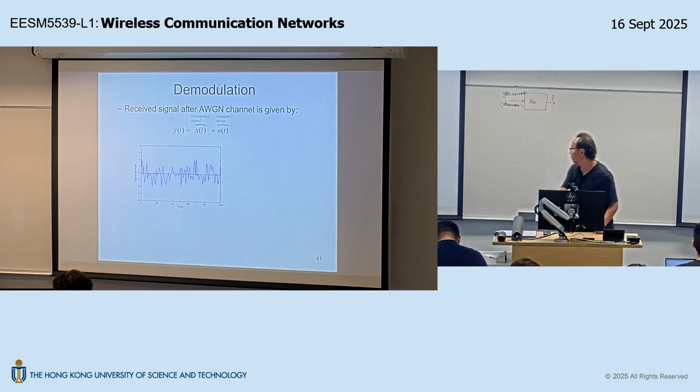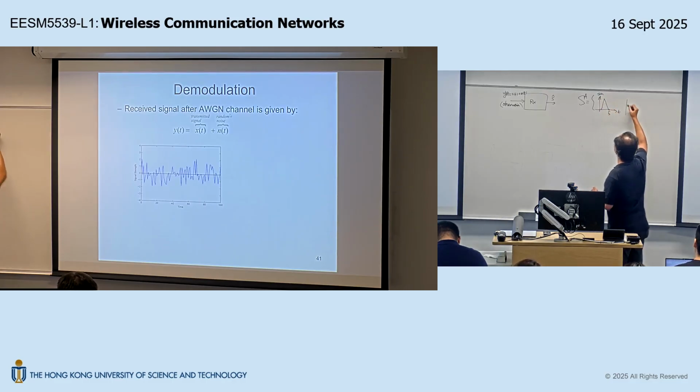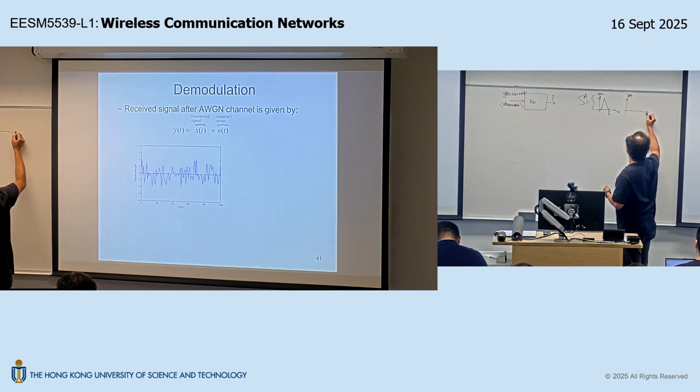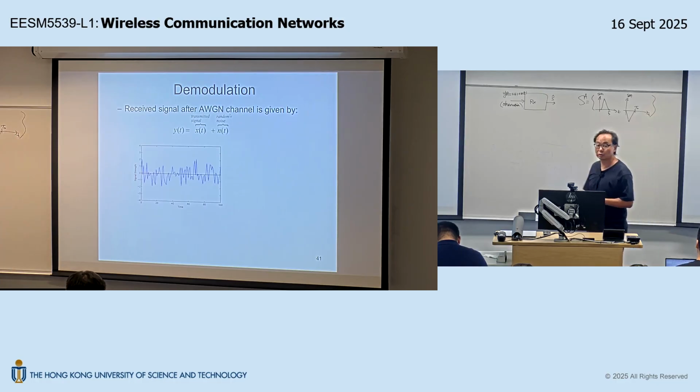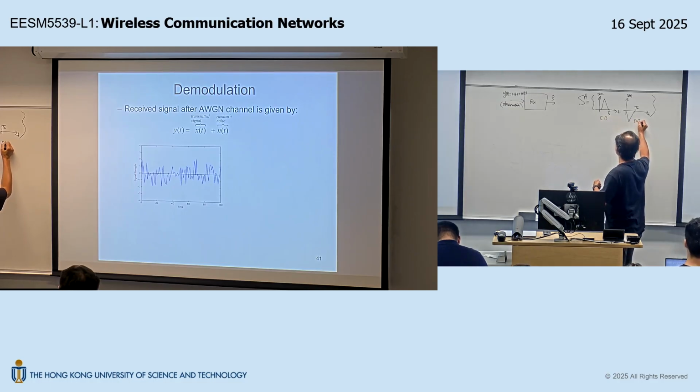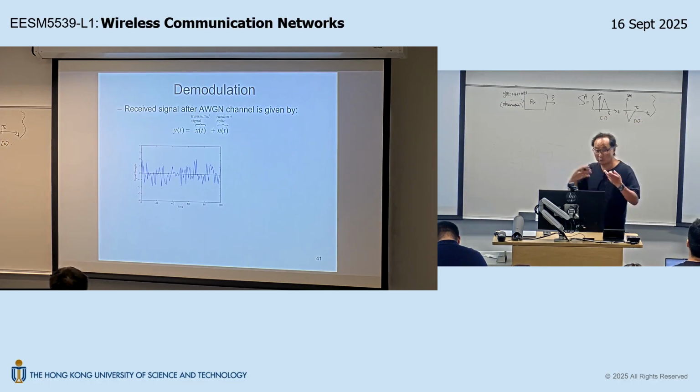As an illustration, let's say this is my modulator. I could only transmit one of these two waveforms, S1(t) or S2(t). It's a binary modulator. Let's say this is associated with bit 1, and this is associated with bit 0.